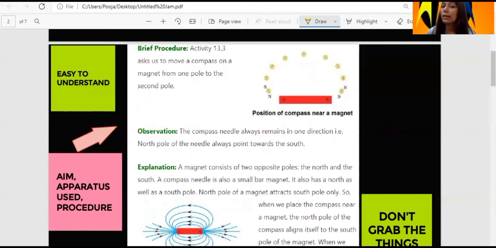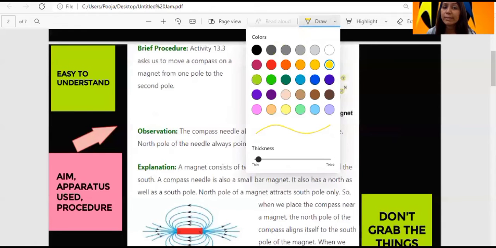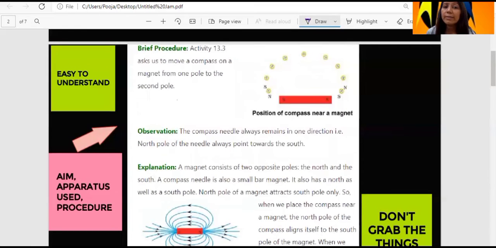In this activity number 13.3, what is the name of this activity? Activity 13.3 asks us to move a compass on a magnet from one pole to the second pole.